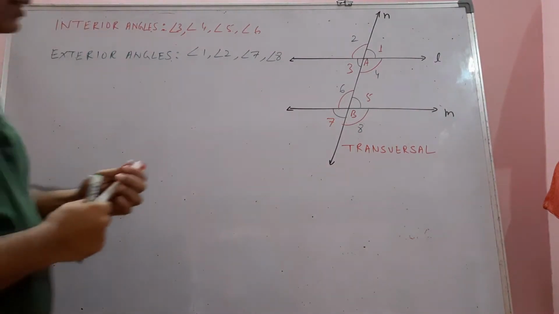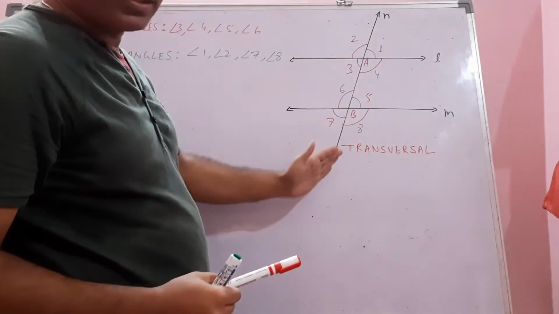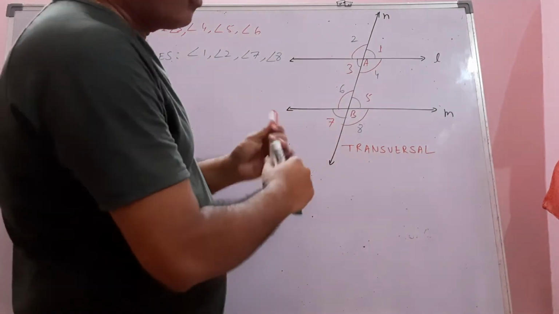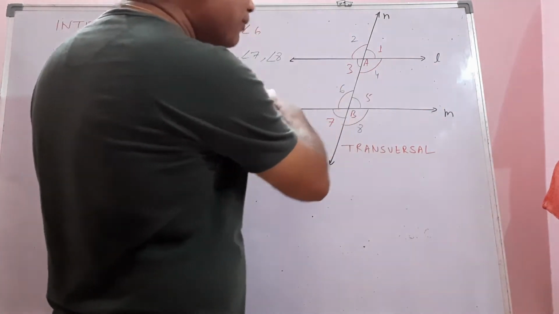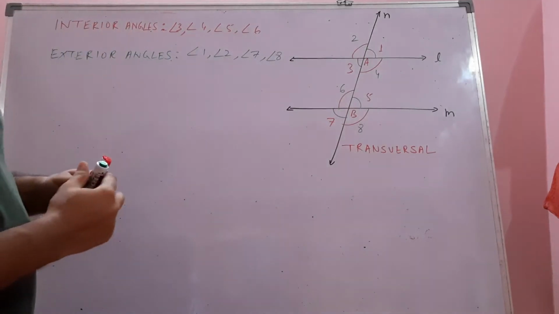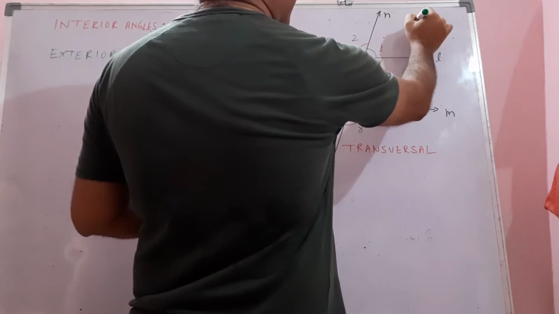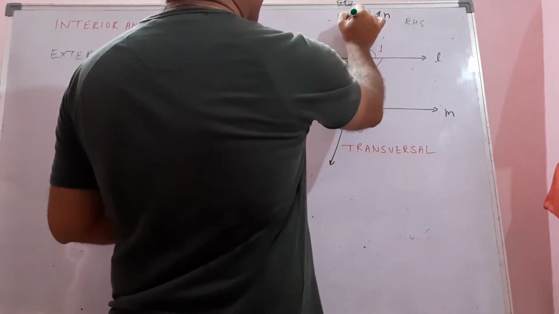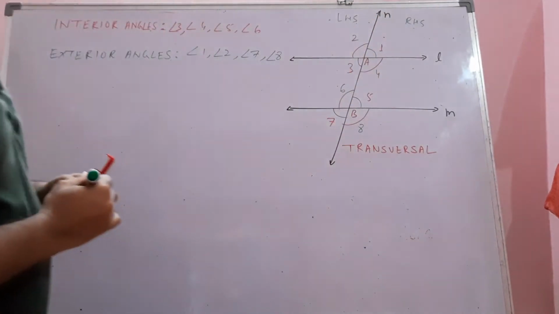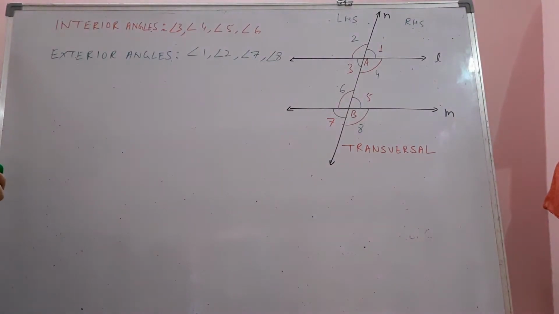Next, if I see the transversal, there is the right hand side and the left hand side of the transversal. So on the right hand side of the transversal, what are the angles?